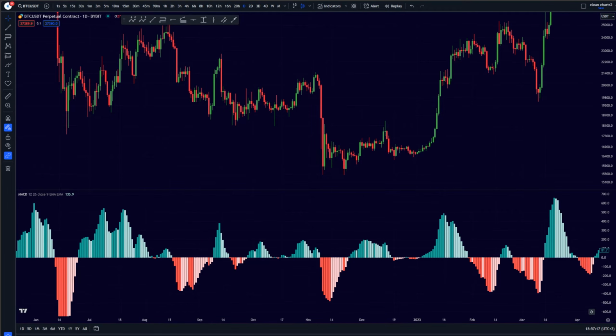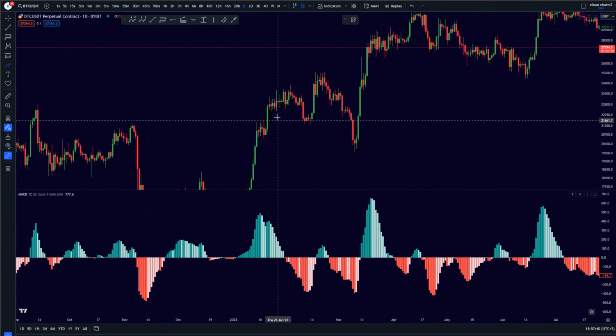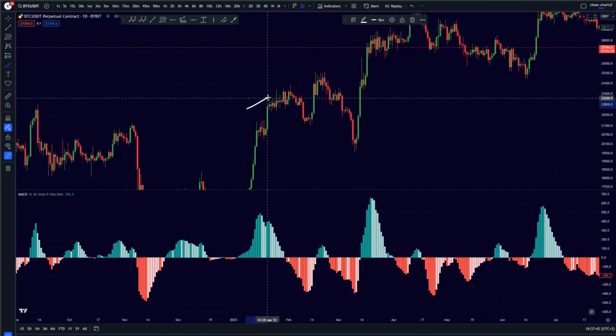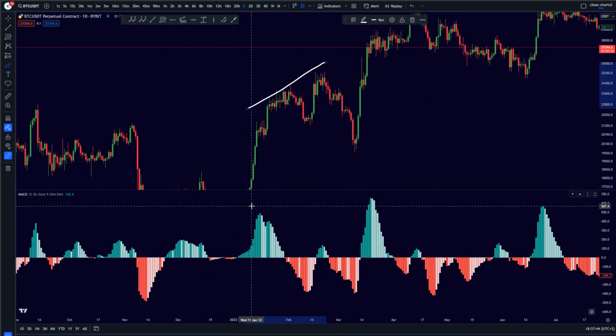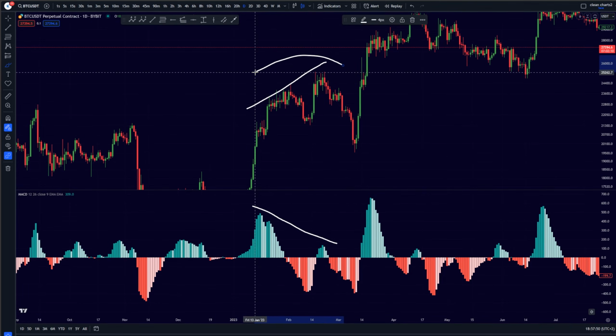So very simply said, just like I already talked about a little bit earlier in this video, whenever price moves towards the upside, while in fact the MACD indicator is actually going towards the downside, for example right here, well, that is indicating a selling signal because momentum is diverging.